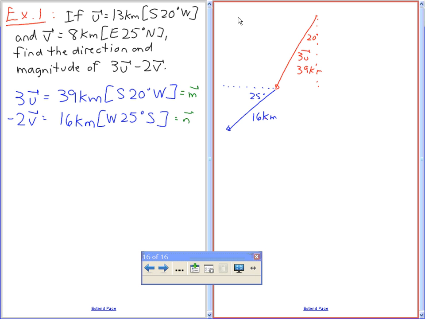Lovely. Where is 3U minus 2V going to be? Just down there.